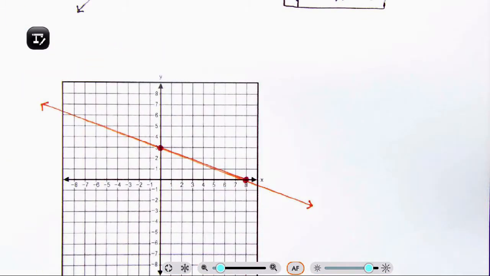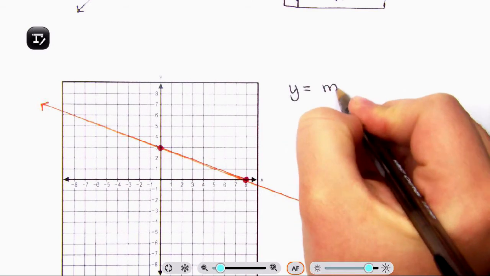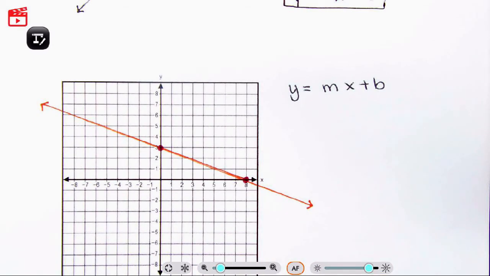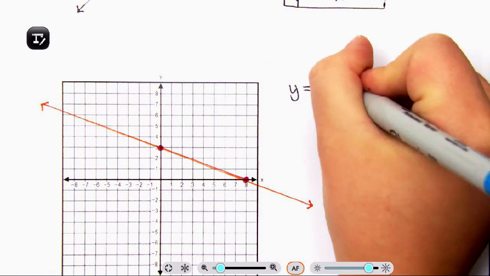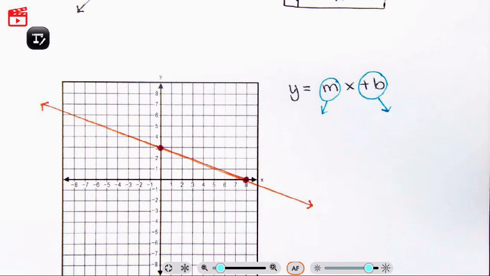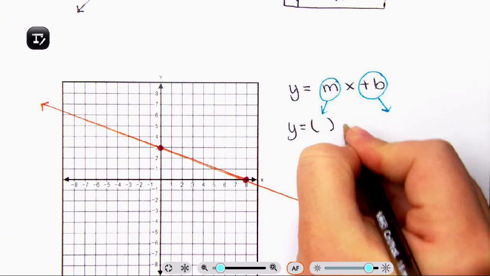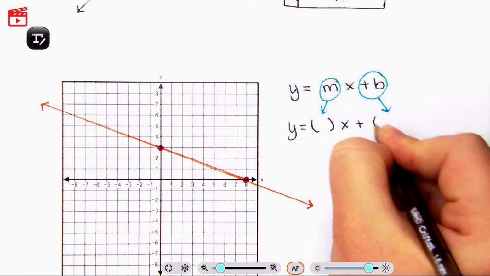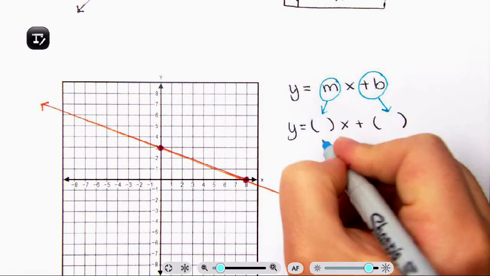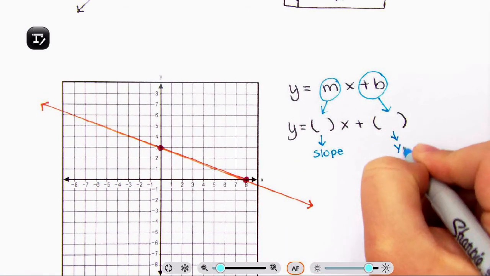And again, I want you to write an equation for this given line. So y equals mx plus b. You're going to change your y, your m and your b. Everything else stays the same. So I'm still going to have y equals, m is going to be different and b is going to be different. So what is our slope and what is our y-intercept?